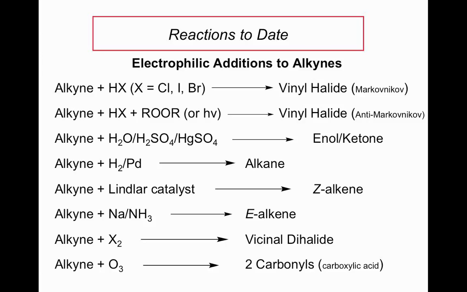With reaction 8, that's the last of all of the reactions of alkynes that we've covered to date. They're all listed for you here on this slide. Again, I know it looks like a lot, but don't forget that what you're looking at are all of the same reactions that you've seen before with alkenes. Everything you learned about the electrophilic addition of alkenes applies to the electrophilic addition reactions of alkynes.